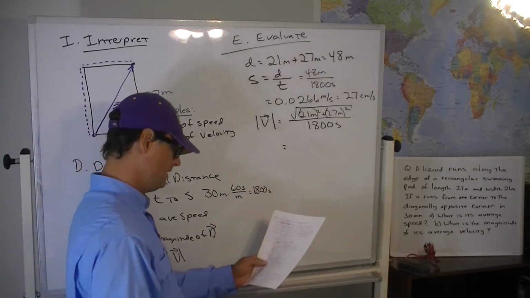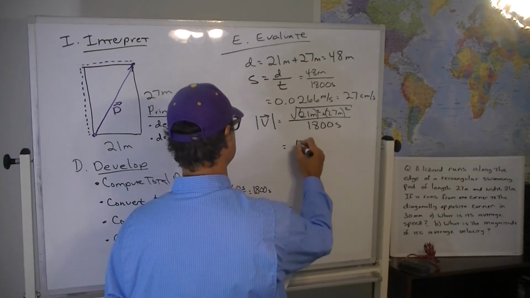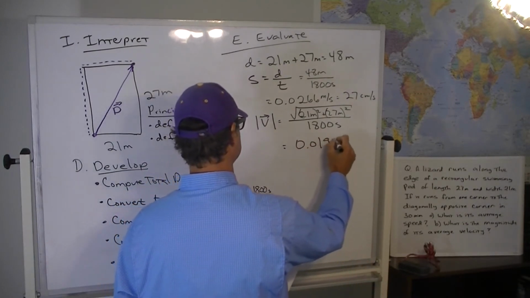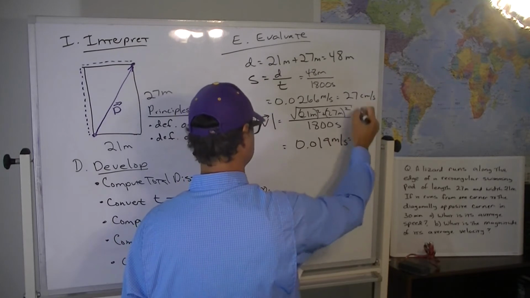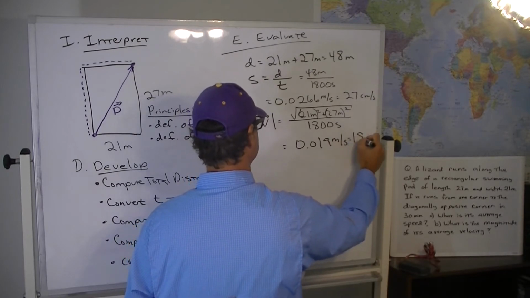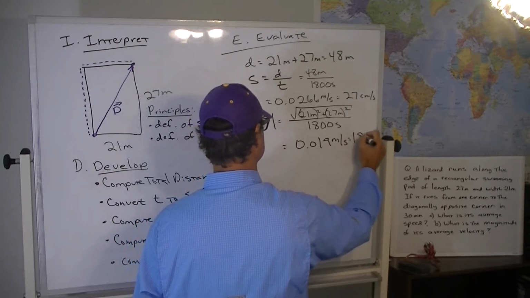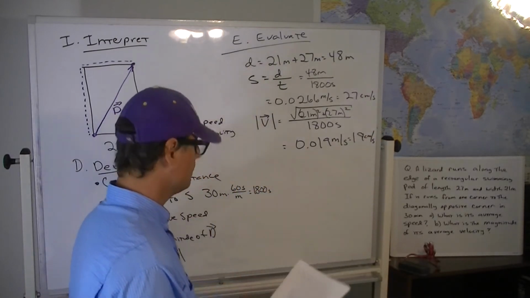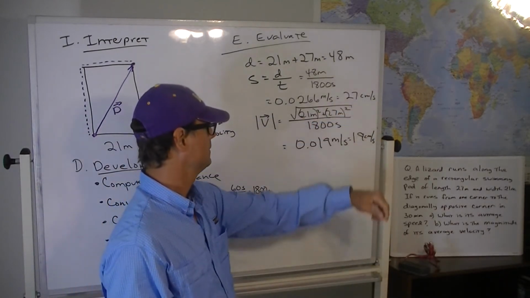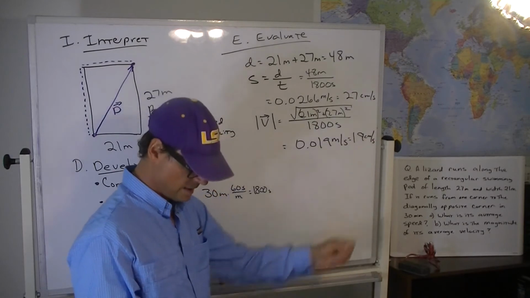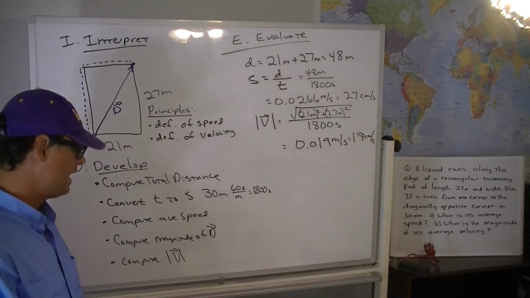Punch all that into your handy dandy calculator, and it's 0.019 meters per second. Convert to centimeters if you like, 19 centimeters per second. Alright, so that's the average speed. That's the magnitude of the average velocity.